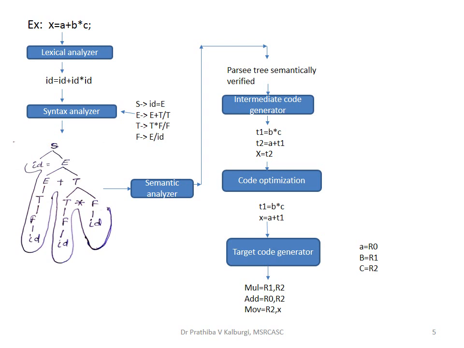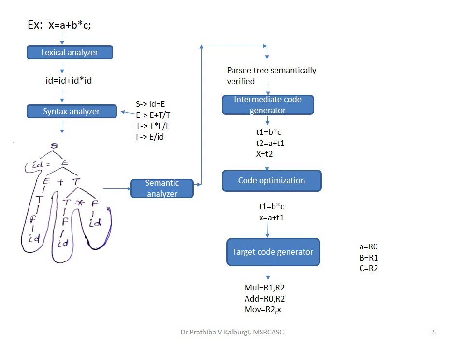This expression can be specified as expression plus term or term, and then the term can be specified as term times factor or a factor, and finally the factor can be specified as an expression or simply an identifier.